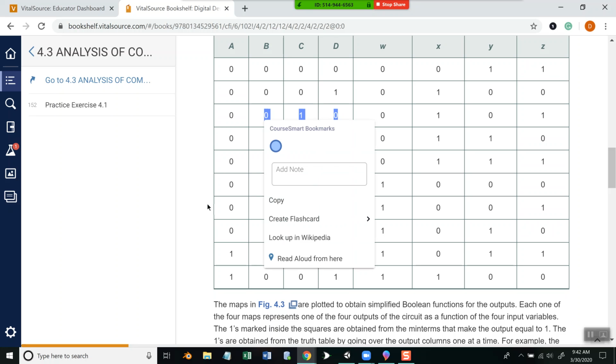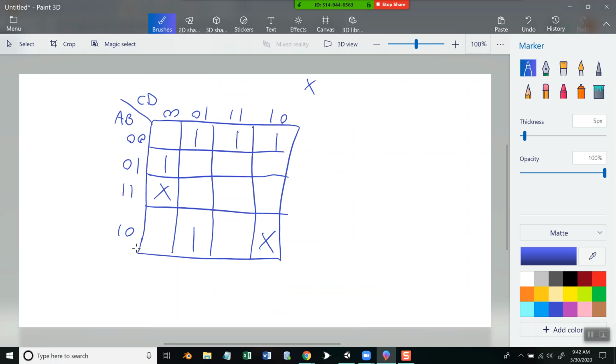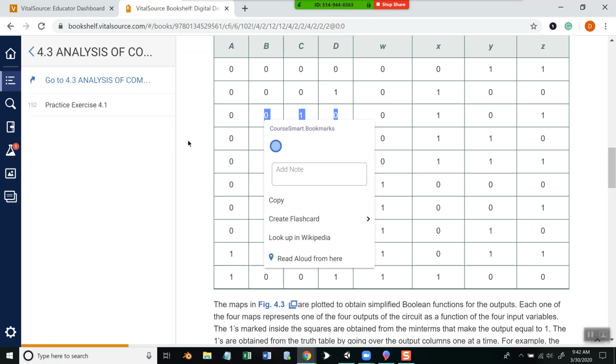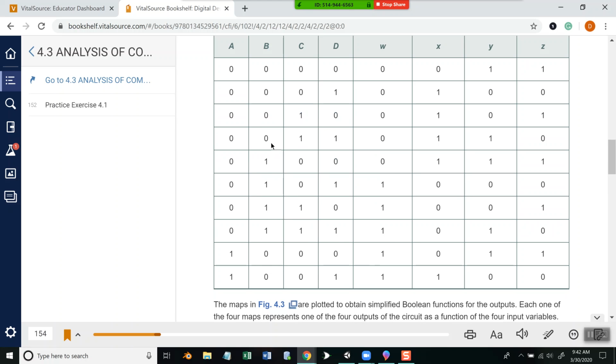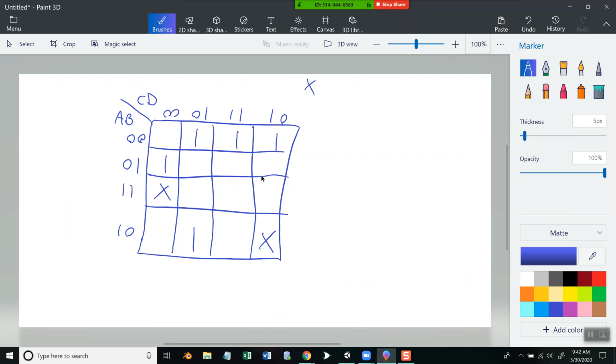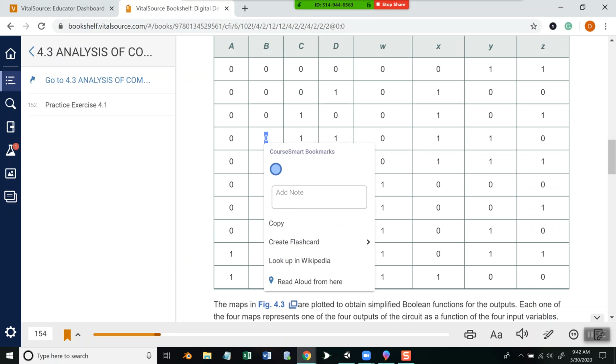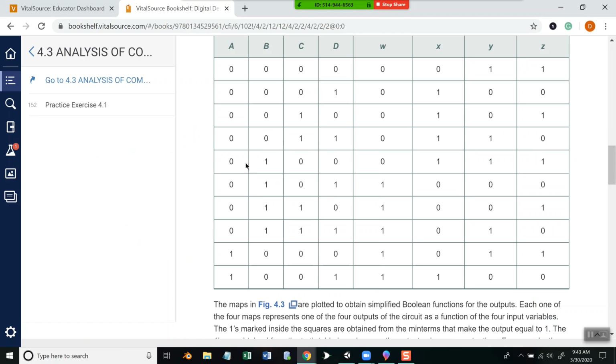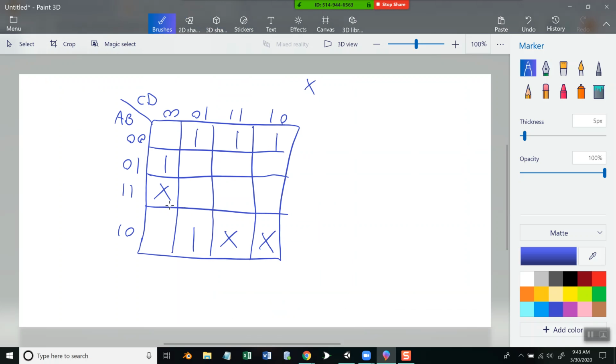So 1 0 1 0, 1 0 1 0, got an X. Okay. 1 0 1 1, 1 0 1 1, X. 1 1 0 0.